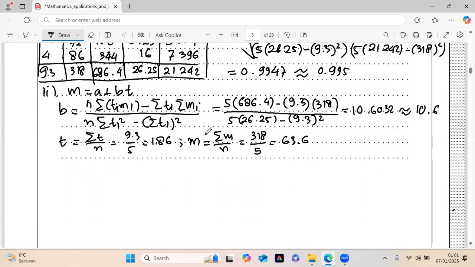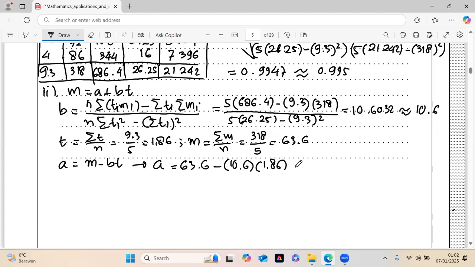So A equals M minus BT according to this equation. So it means A equals M, which is 63.6, minus B is 1, 10.6 is 1, and T is 1.86.